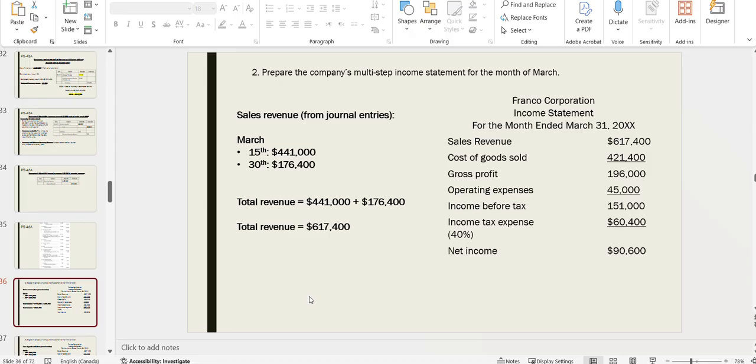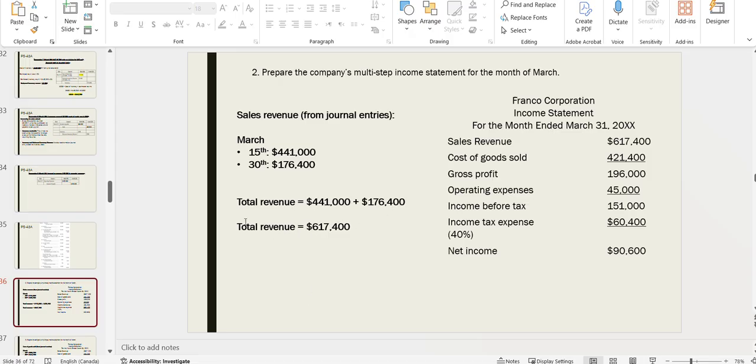For the income statement, we calculated our revenue from our two sales, and we have the cost of goods sold for those sales. So we can add them together. You can see it here.